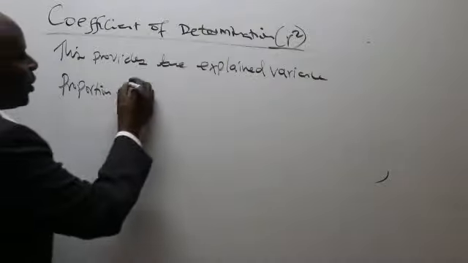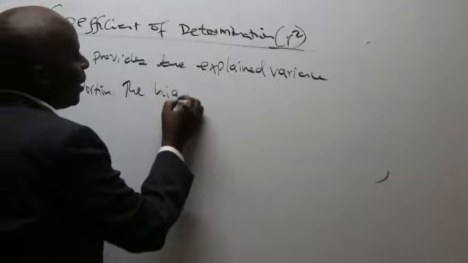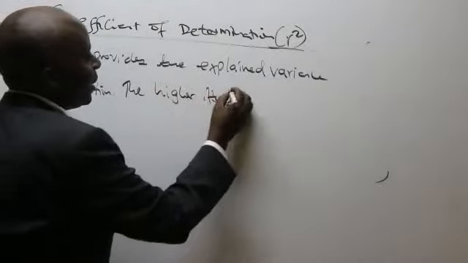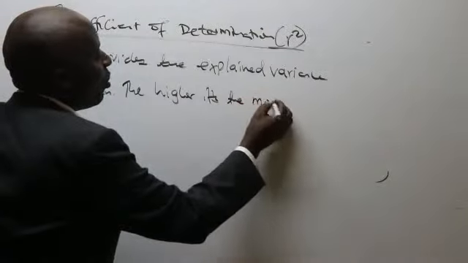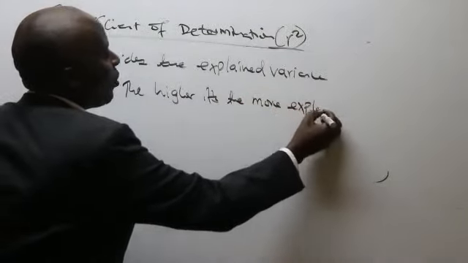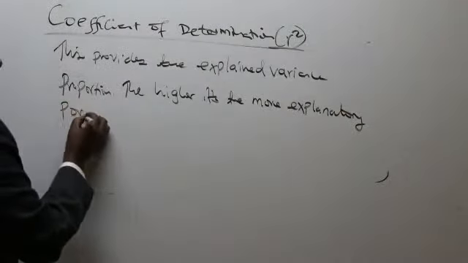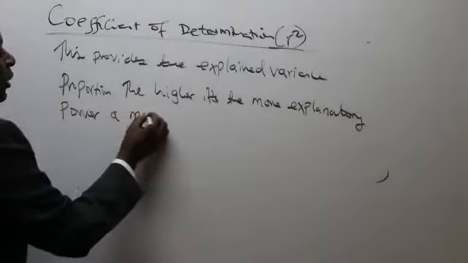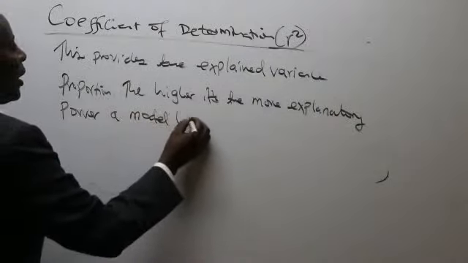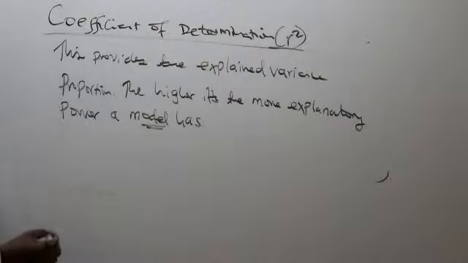The higher it is, the more explanatory power a model has, a predictive model has. The higher it is, the more explanatory power a model has.